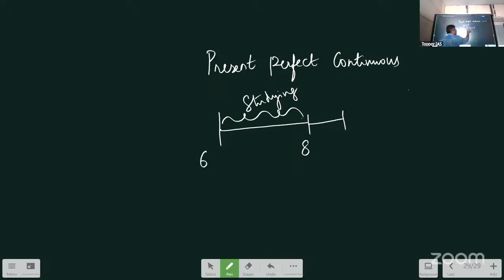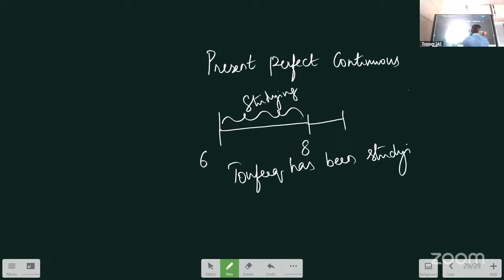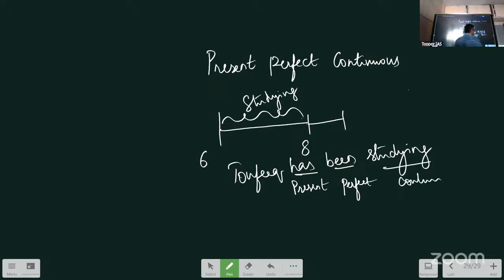So now before calling, Taufik's mother will tell his father, Taufik has been studying. So how did I write this? Present perfect continuous.